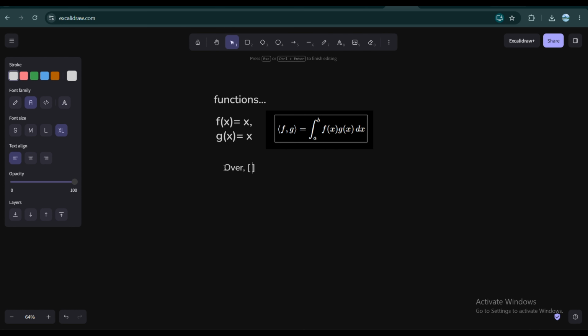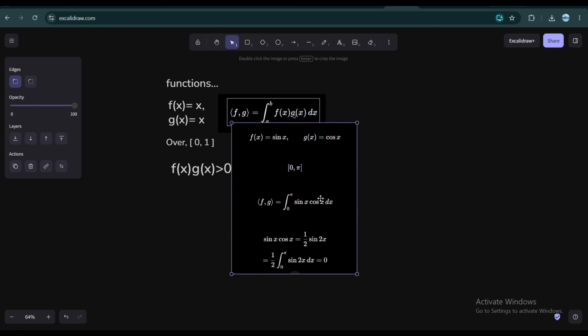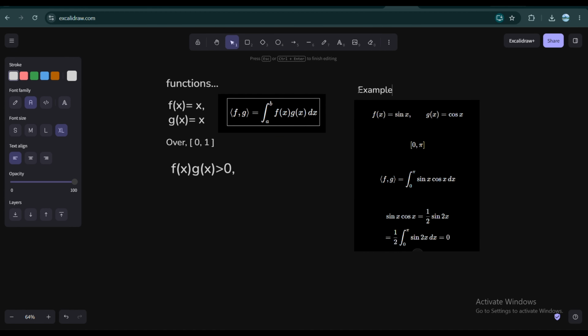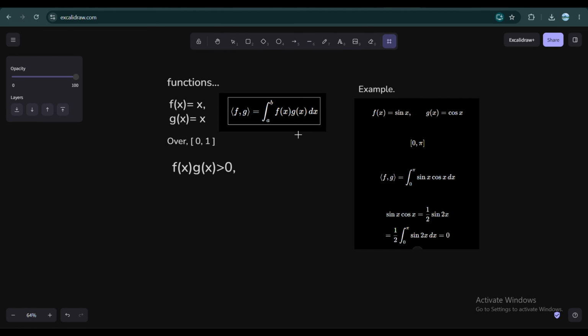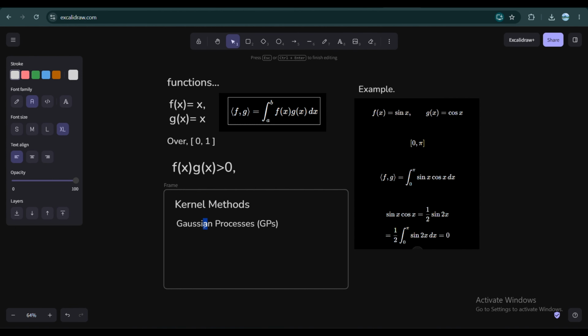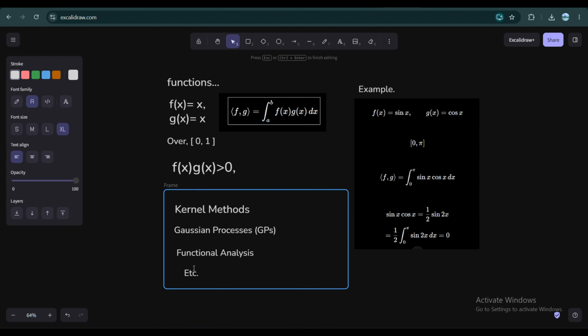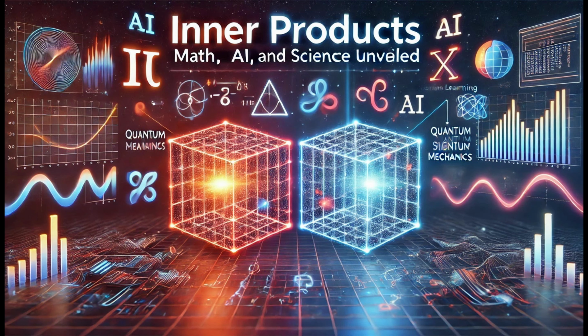So if the product f of x and g of x is mostly positive, the inner product is large. If positive and negative contributions cancel, it can be small or zero. This idea is fundamental in kernel methods, Gaussian processes, and functional analysis. Inner products are used throughout ML because they capture similarity, alignment, and projection.